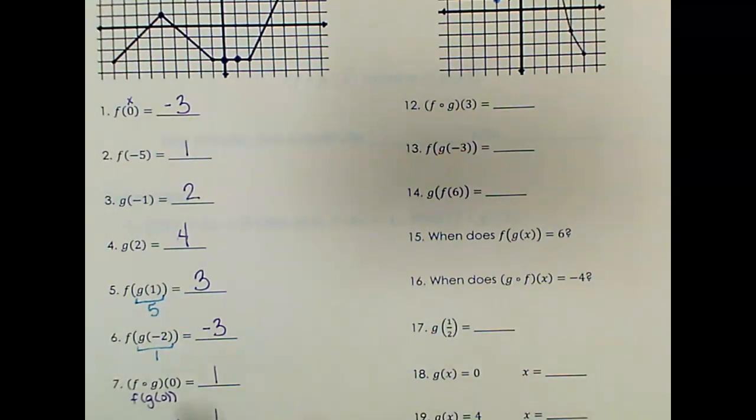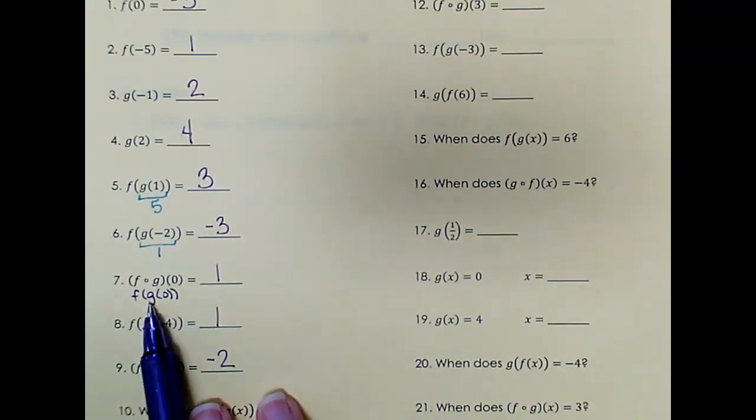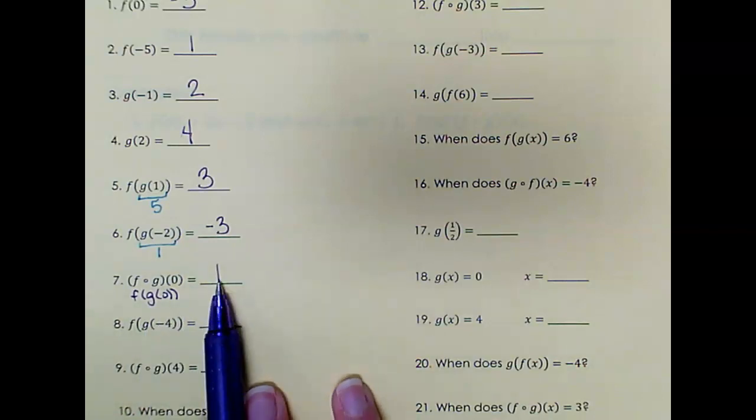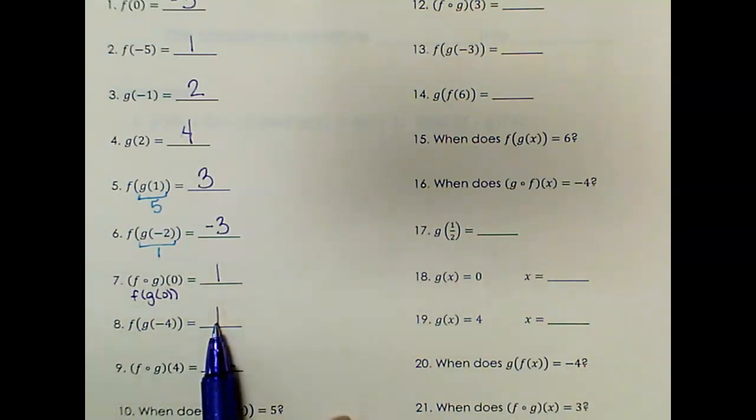Okay. G of 0 is 4, and f of 4 is 1. G of negative 4 is 4, and f of 4 again is 1. G of 4 is negative 2, and f of negative 2 is negative 2.